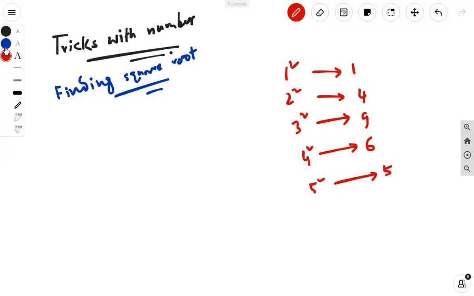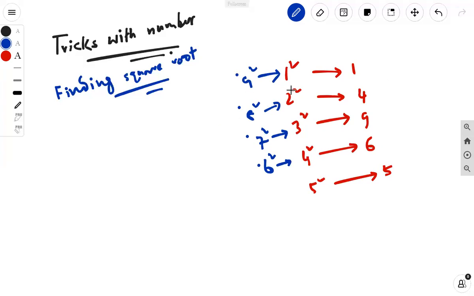And then again, the square of 6 has the same last digit as 4s, same for 7s as 3s, same for 8s as 2s, and same for 9s as 1s, because they are 36, 49, 64, and 81.